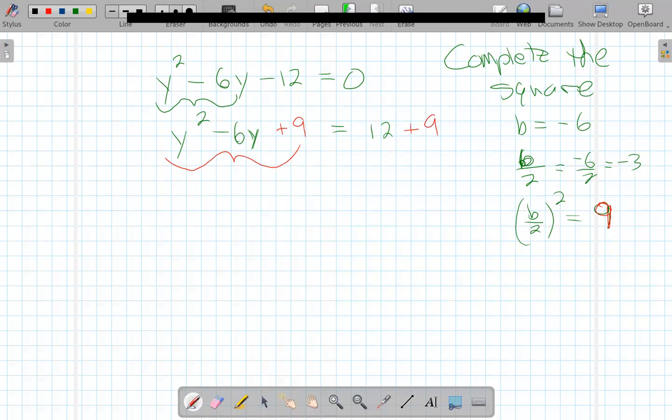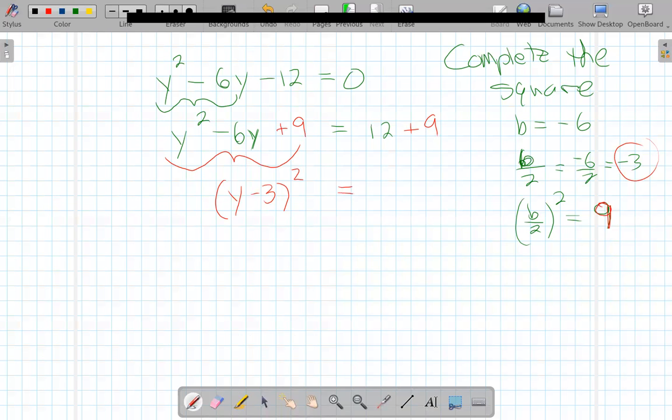So my claim now that this side right here is a perfect square, it is the square of y plus whatever this number right there is. So I'm going to say it's y minus 3. Okay, so completing the square, take your middle coefficient, divide by 2, square that number to figure out what to add on both sides. The halved number here is what goes inside the square.